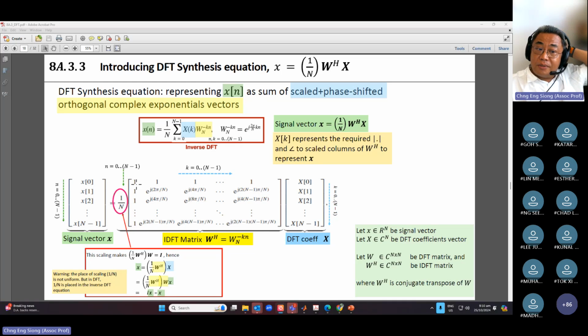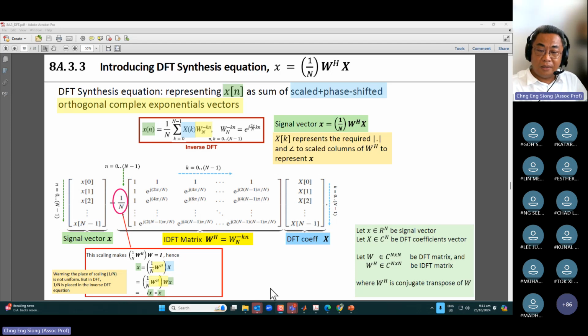Now, these columns are orthogonal. I'm not going to prove that. These columns are definitely independent. And if these columns are independent, then this whole matrix is invertible. And when they are orthogonal, the inverse of this matrix is very easy. We simply transpose.